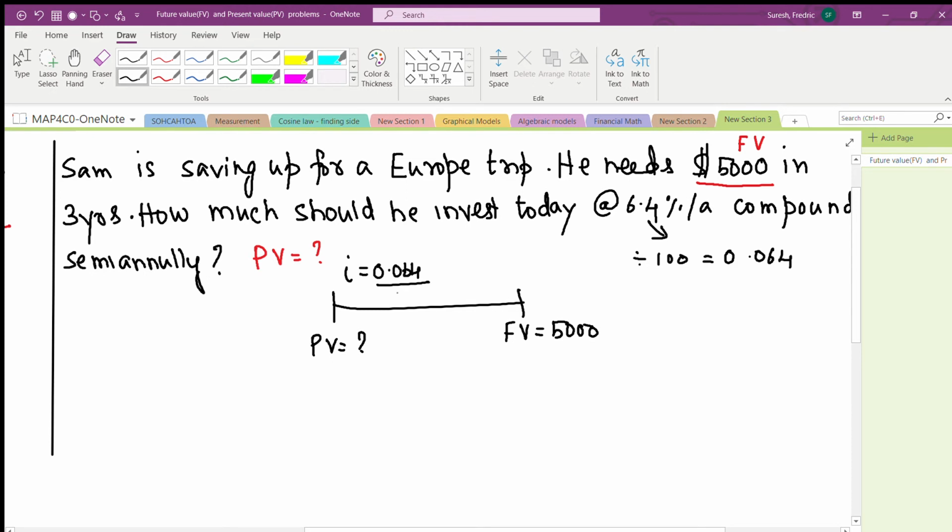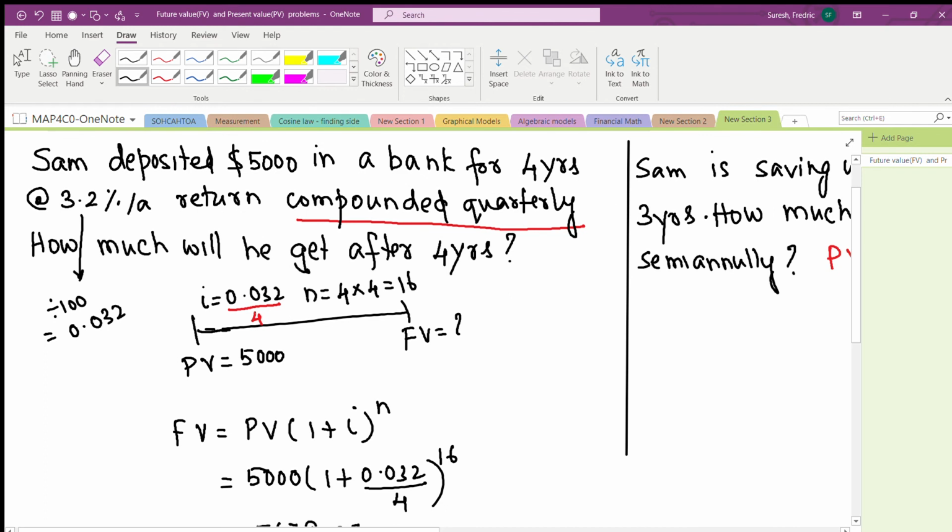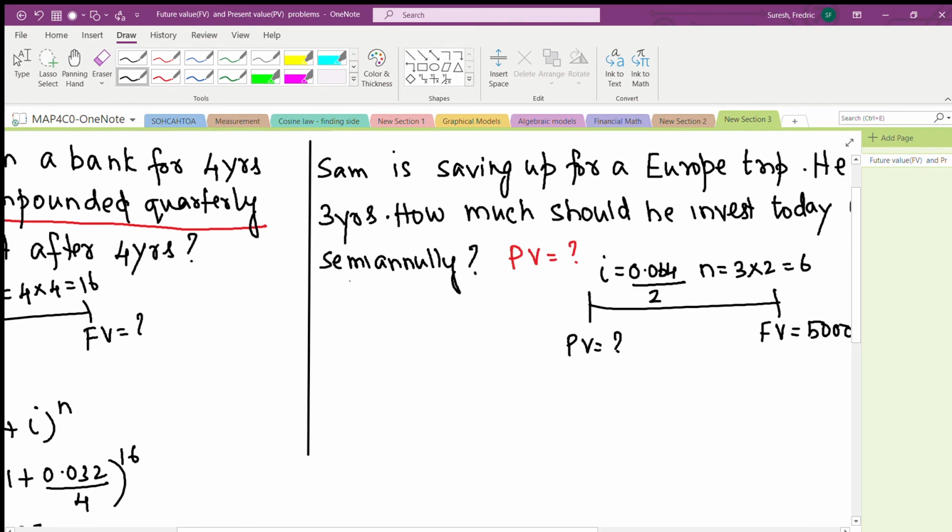And because it's compounded semi-annually, we'll have to divide this interest rate by 2 because we are going to calculate it twice a year. And the n value would be for 3 years, and because it's compounded semi-annually, that'll be times 2, and that'll be 6. Notice here the interest is divided by 2, and the number of times you calculate is years times 2. And again, you notice in the previous problem, it was quarterly, so you divide the interest by 4 and multiply the number of years by 4.